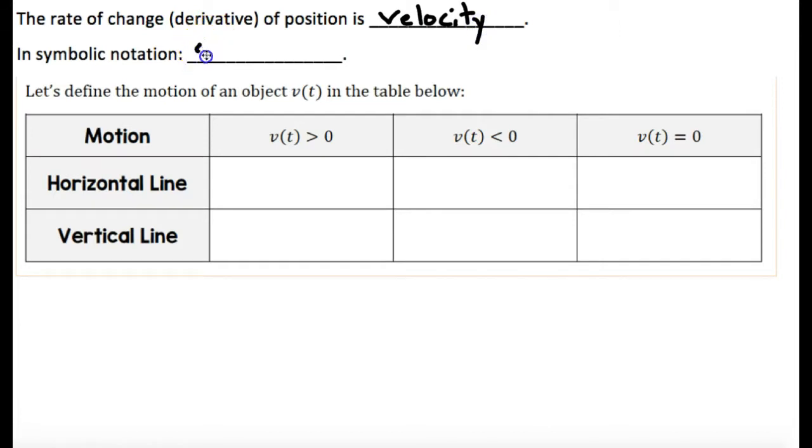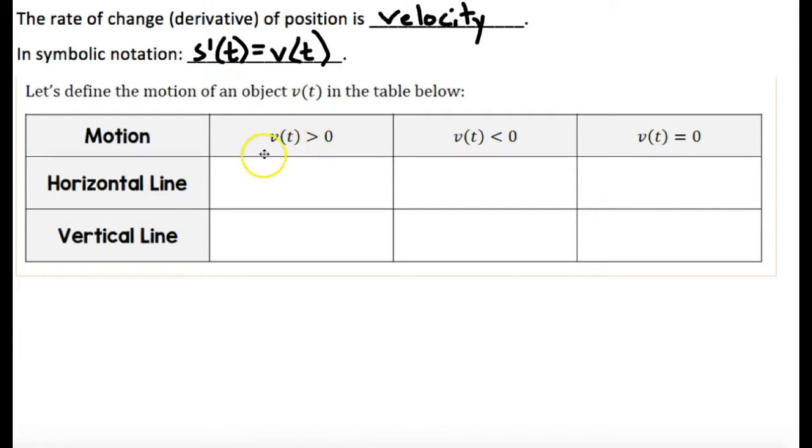So symbolically, we can say s prime of t equals v of t. The derivative of position is equal to velocity. Now, velocity, remember, is dependent on direction.